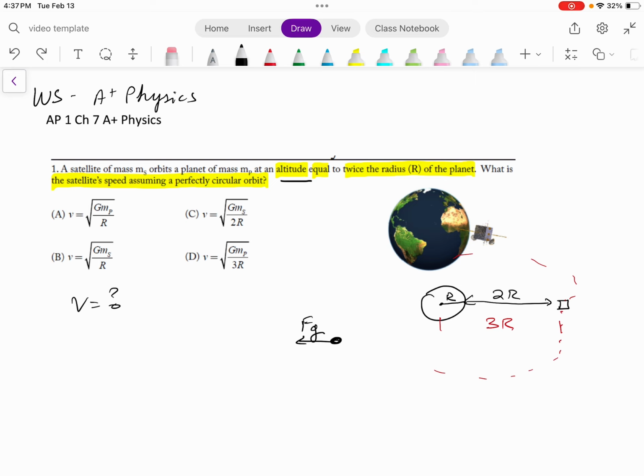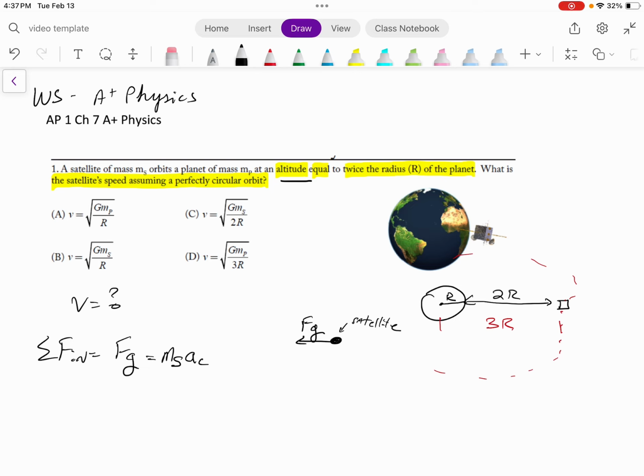So I'm going to sum the forces inward on the satellite. It's the force of gravity, which is equal to the mass of the satellite, because I'm summing the forces on the satellite. This dot represents the satellite. Times the centripetal acceleration.